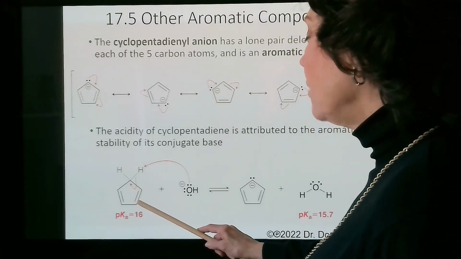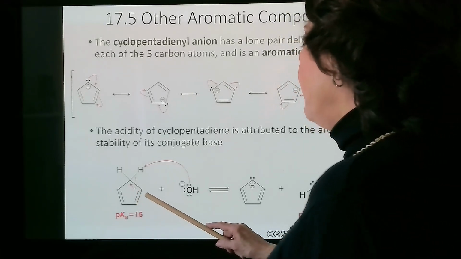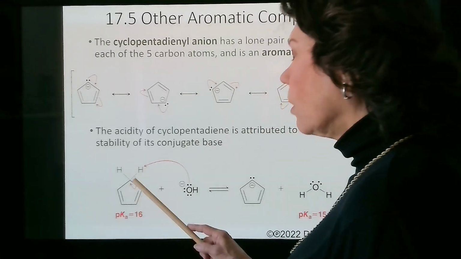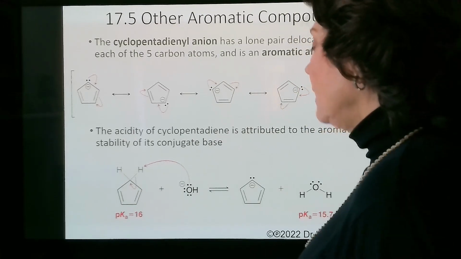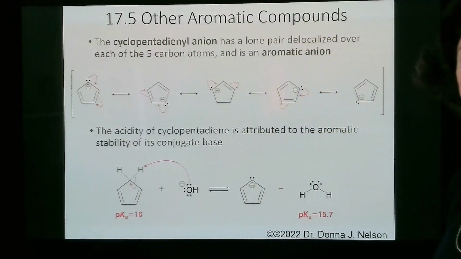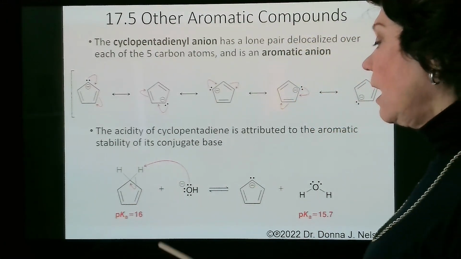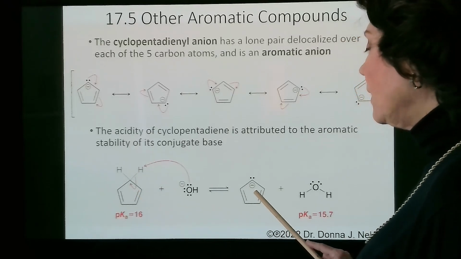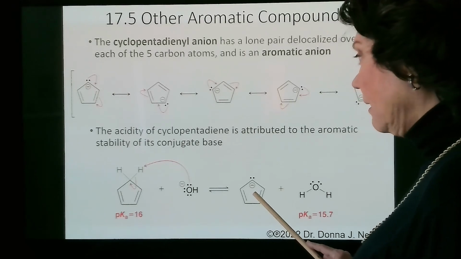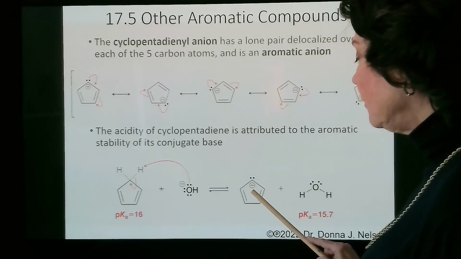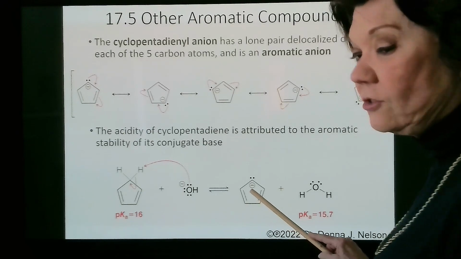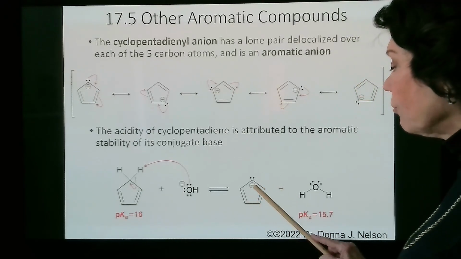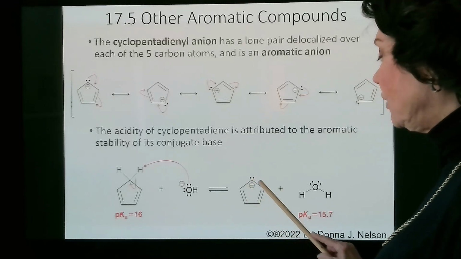The cyclopentadiene is more acidic than organic compounds typically are, because when the proton is removed, it leads to an aromatic anion, as shown up here. So this structure has 2, 4, 6 pi electrons in a ring. So you don't have to have 6 carbons.